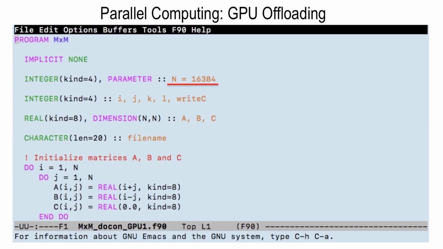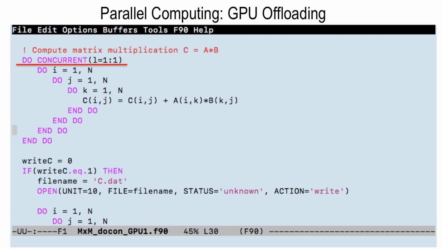I've created a Fortran program to offload matrix multiplication onto the GPU. We'll examine its performance using a matrix size of n equals 16,384, which is double the size we analyzed at the end in the Fortran optimization video. We'll use a method that involves applying the do concurrent instruction, which was introduced in the Fortran 2018 standard.